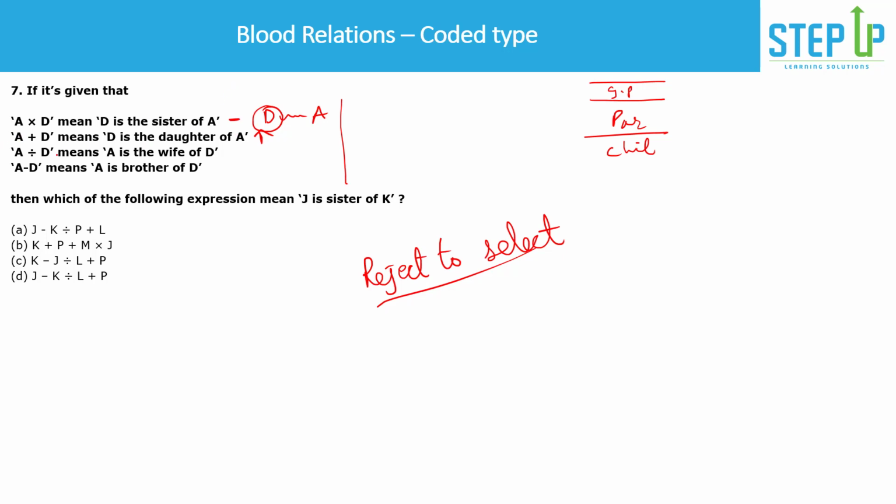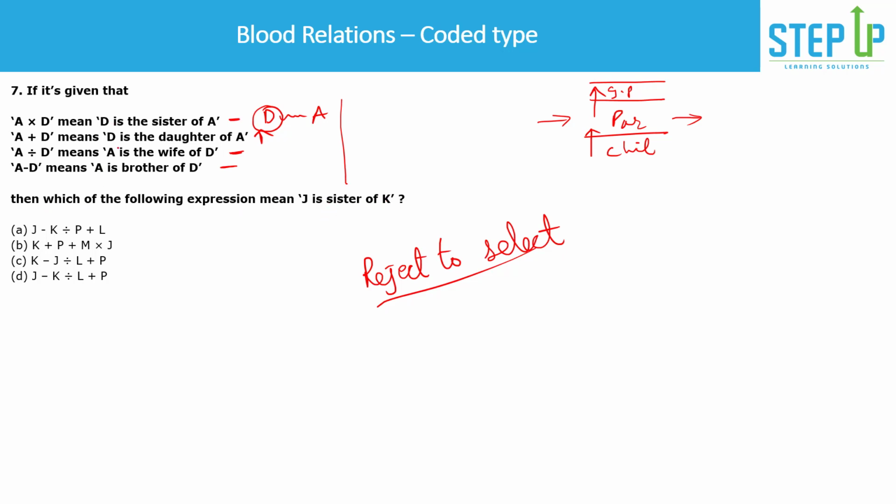That means if I say A plus D, A will become in the next generation. Similarly, if A divided by D means A is the wife of D, meaning same generation, and so on. A minus D means A is the brother of D, again same level, in the same generation, right? This goes next generation, right? From this to this also next generation, like that. So he says, which of the following expression means J is the sister of K?